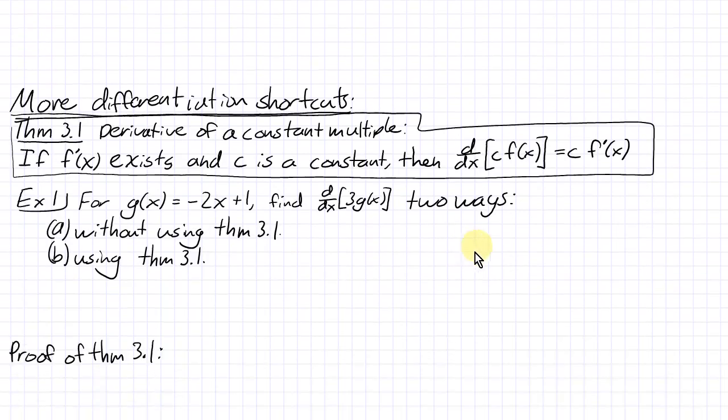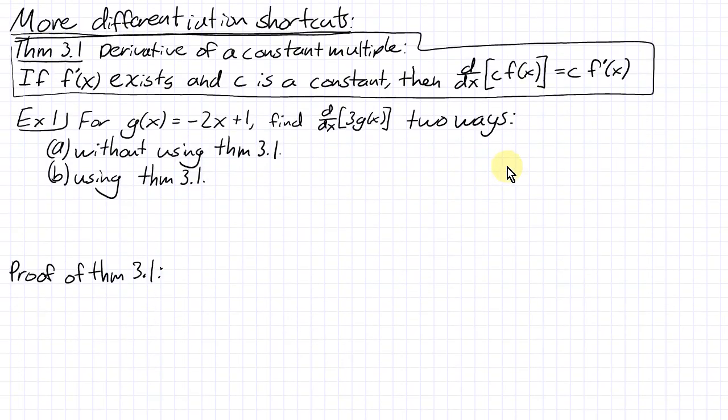Let's look at some more differentiation shortcuts, what this section is really about. Here's our first theorem that we're actually going to prove in just a second. But first, what it says is that if a function's derivative exists, meaning if f of x is differentiable at the values of x you're talking about, and c is a constant, just some number, then the derivative of c times that function is just equal to c times the derivative of the first function.